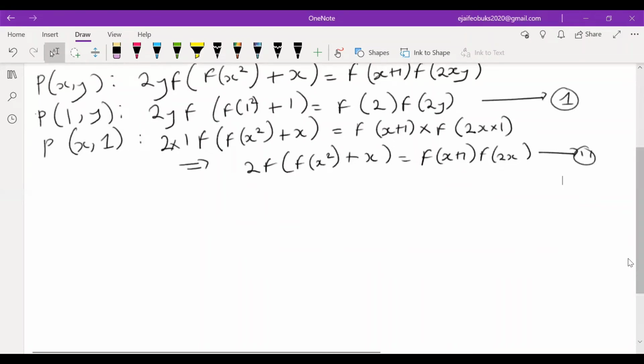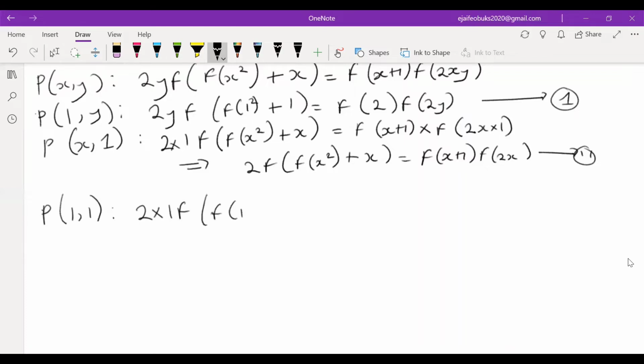Then let me make x and y both equal to 1. I will have that 2 times 1 into f of 1 squared plus 1 is equal to f of 1 plus 1 times f of 2 times 1 times 1.